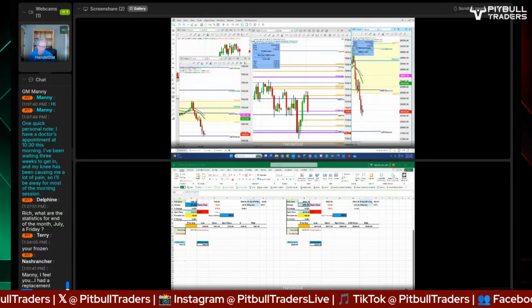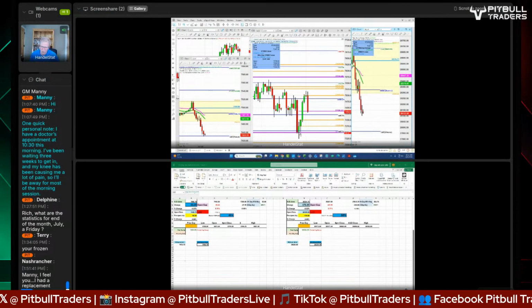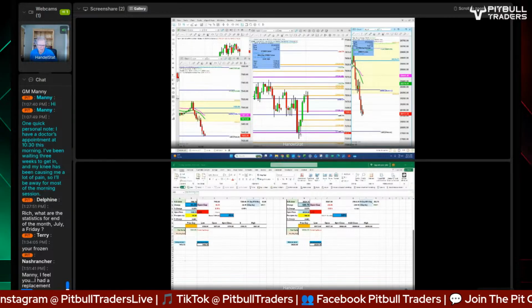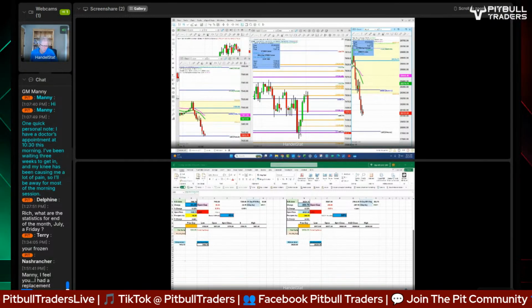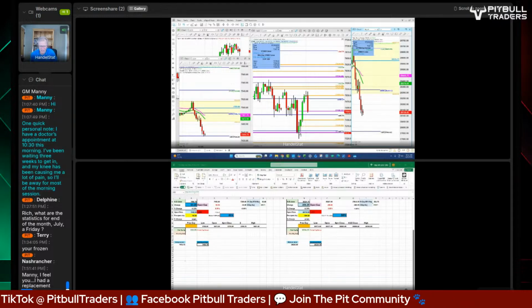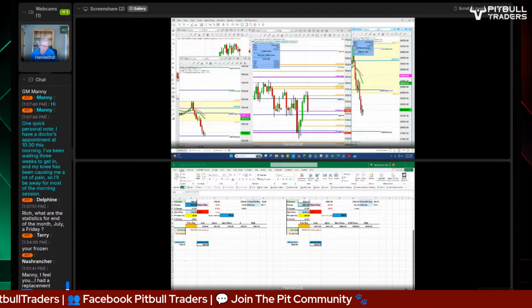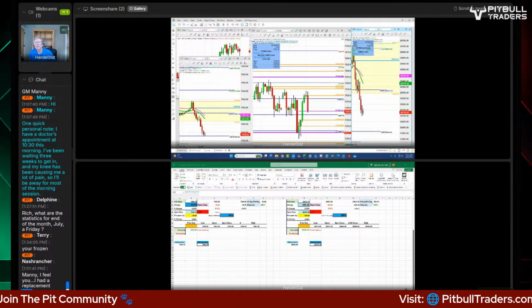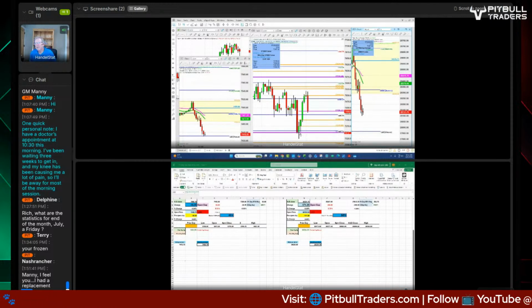This is thicker because it was an old 1440 from a long time ago. You can see that the other day when we had that big break after the Fed meeting, it went down there, but then it closed right above it, kind of on it. And I'm looking at this now. Let's see what we got going here. It looks like it's going to give it up a little bit.